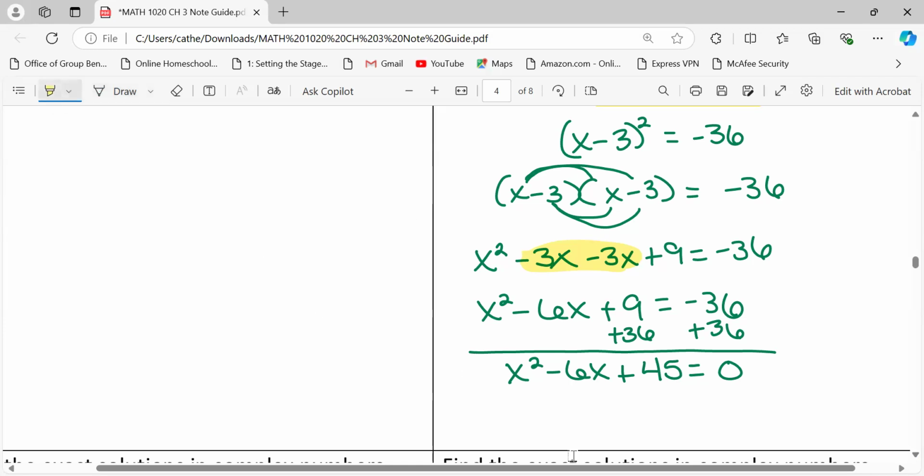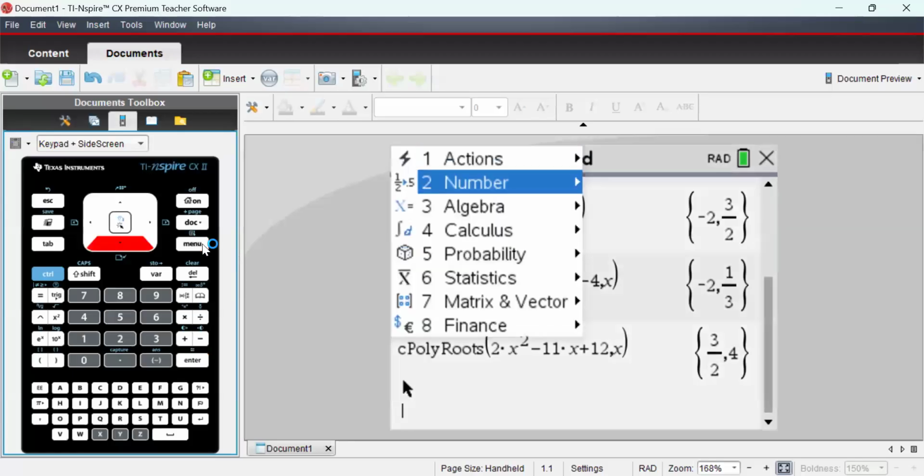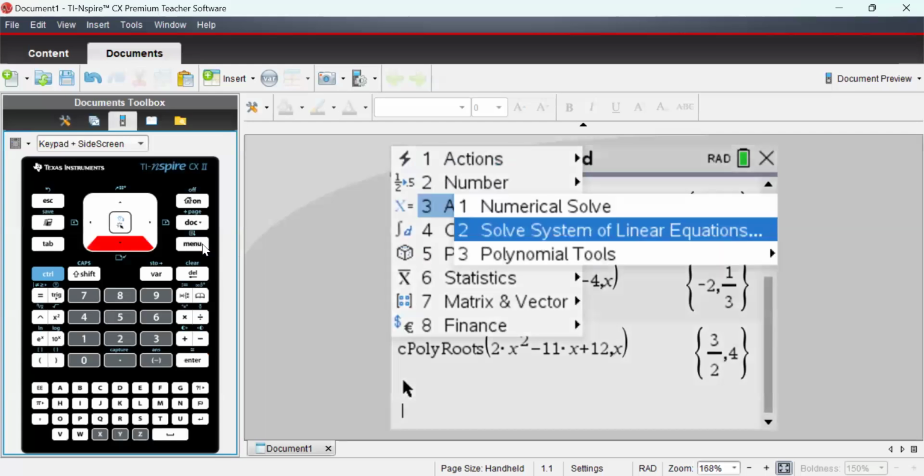And then again, this left side here is what you're going to need to put into the calculator. So let's flip over to that. And we'll start putting these in.